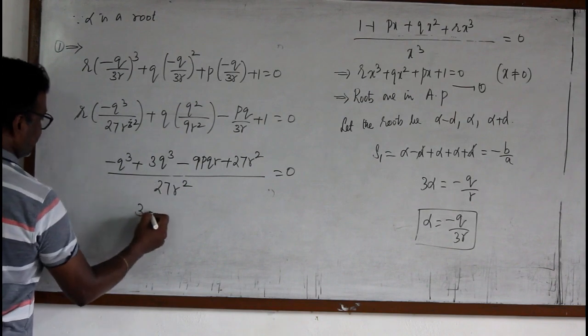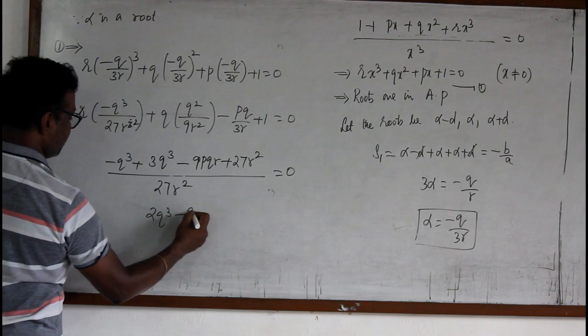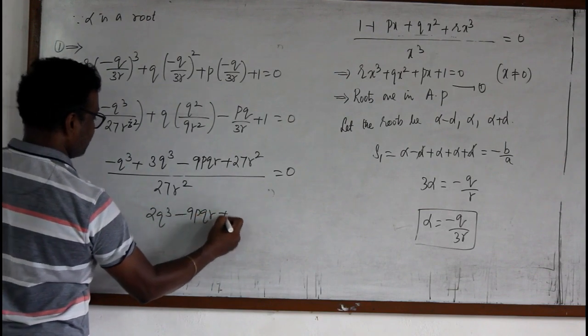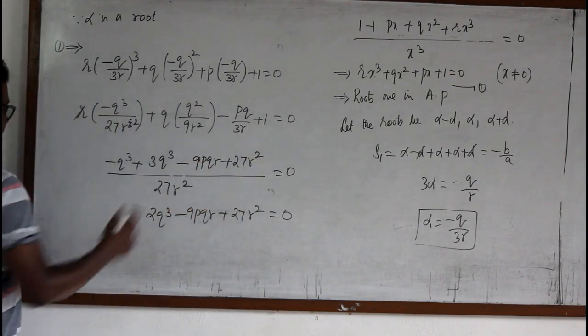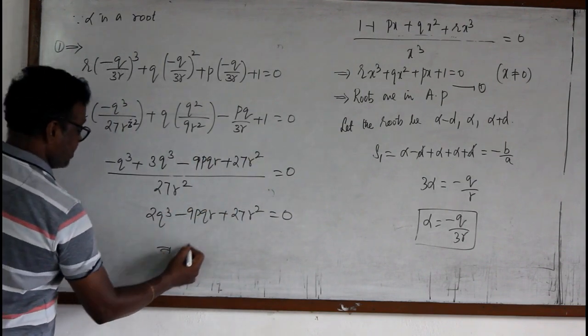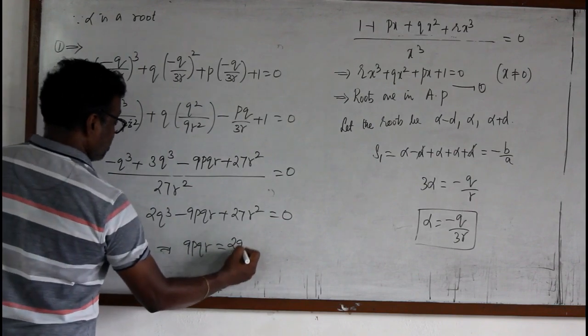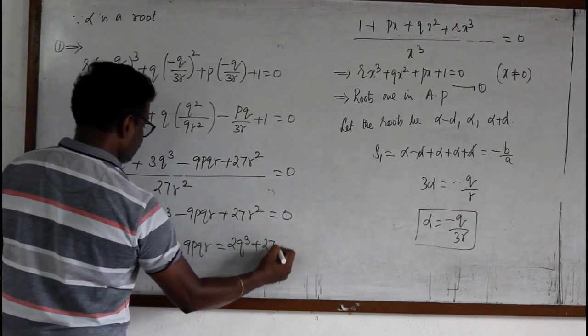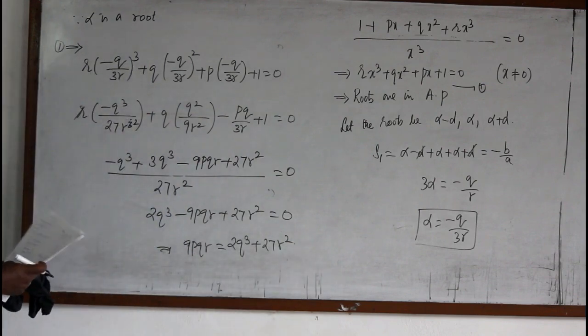That is, 3q cube minus q cube is 2q cube, minus 9pqr plus 27r square equal to 0. Cross multiplying, the right side becomes 0. Taking 9pqr to the other side, it is 2q cube plus 27r square equals 9pqr, which is the required relationship.